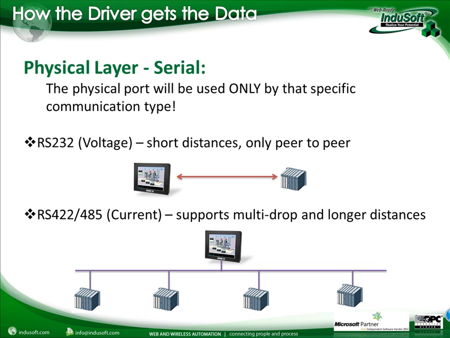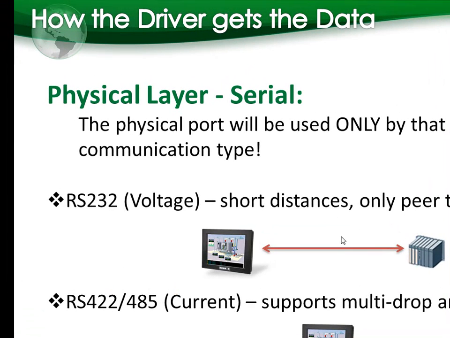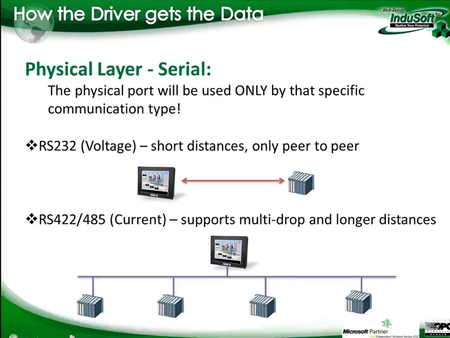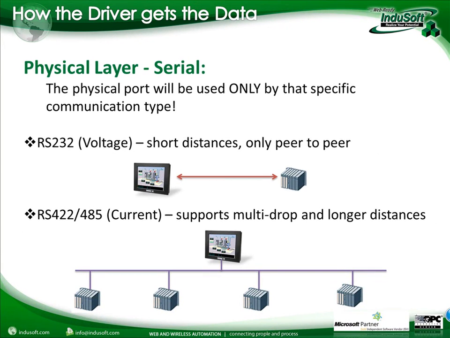Using RS-232, you can communicate with only one device on the other side. So you have the PC at one end, and the PLC or any other controller on the other end. And since we're talking about voltage, you can have some resistance in the cable, and you're going to lose some of the voltage from one end to the other. So it's not recommended for long distances.